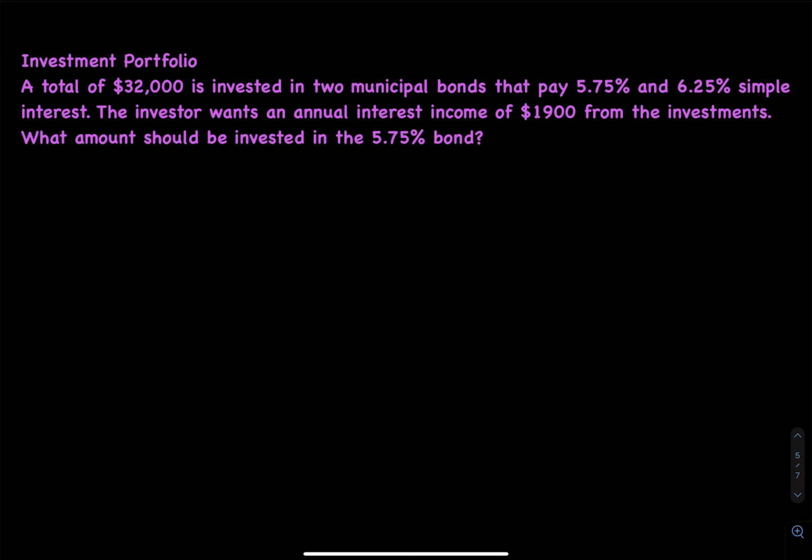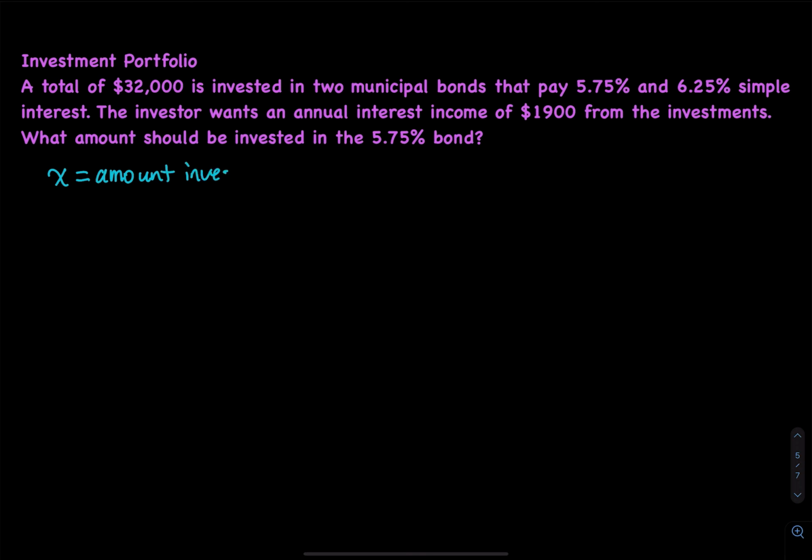What amount should be invested in the 5.75% bond? Okay, so we have two investments. One, the interest rate is 5.75, the other one is 6.25. Since they are two different investments, we have to define two variables. I'm going to let x equal the amount invested in the 5.75%.